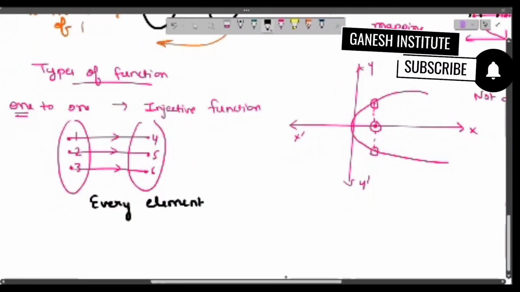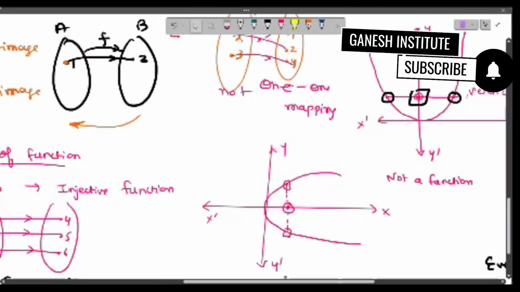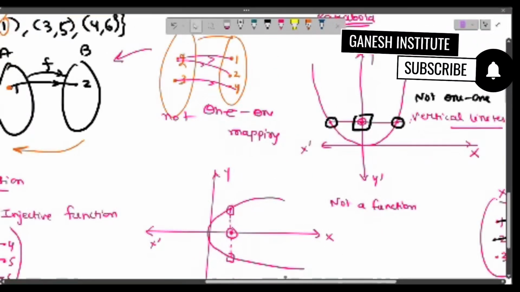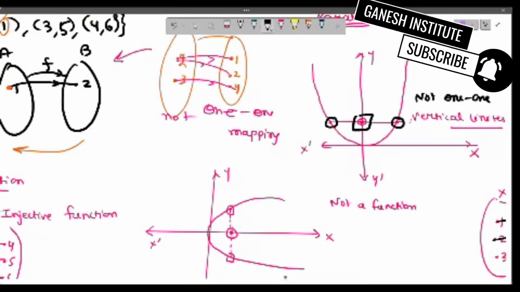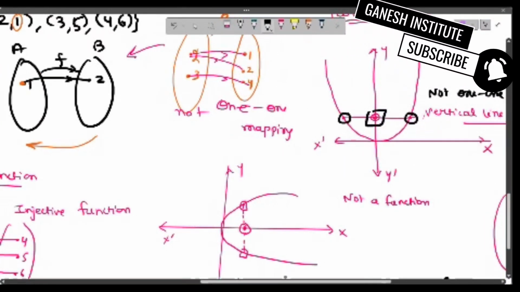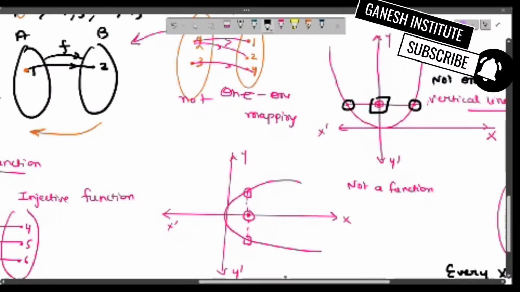If one element y1 has two x values, y should not be repeated, x can be. So in the vertical line test, that makes sense.